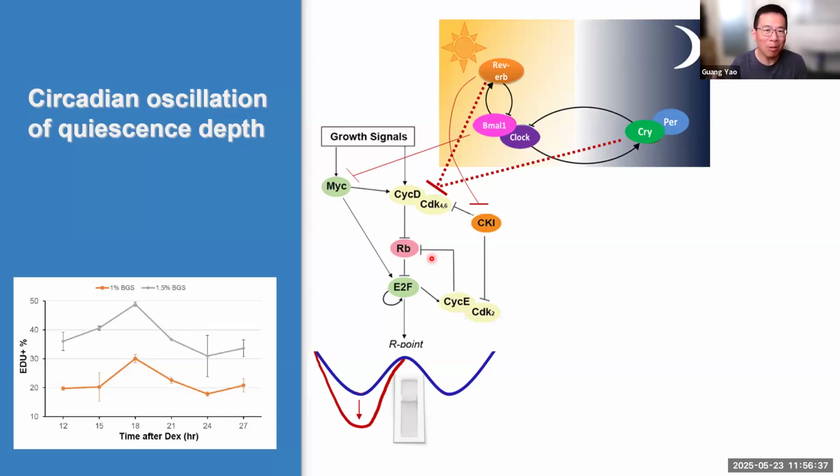So maybe you can see something repressed and then de-repressed. Very likely we didn't, but if we followed the cells long enough, we would probably see some of these temporal regulations as well. Now we only see whether cells enter or not.